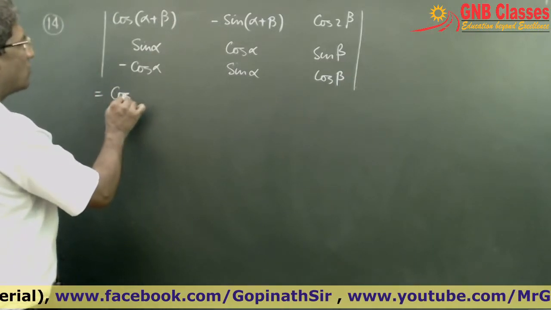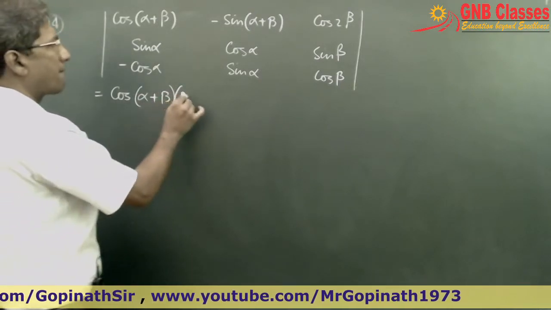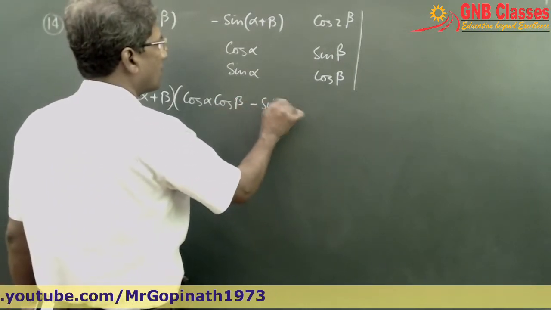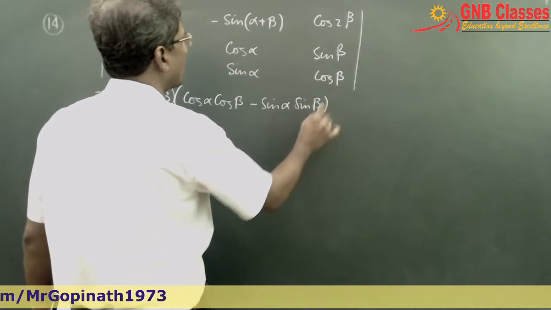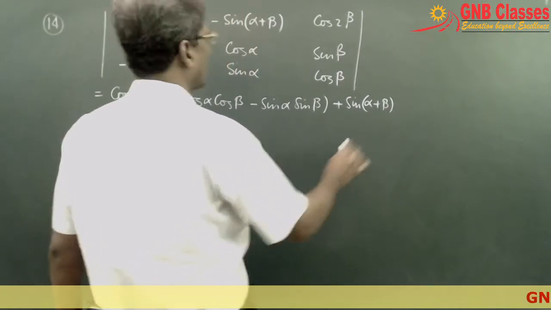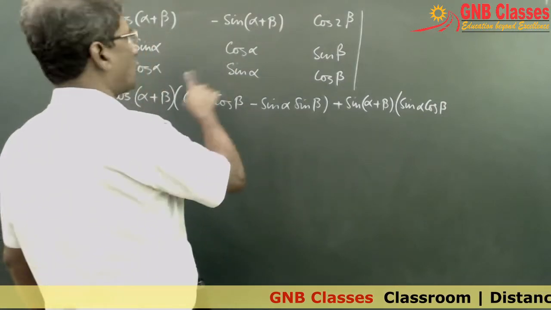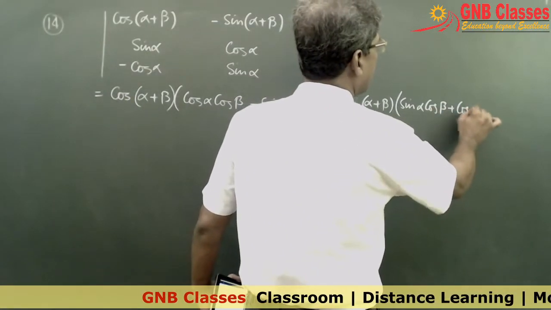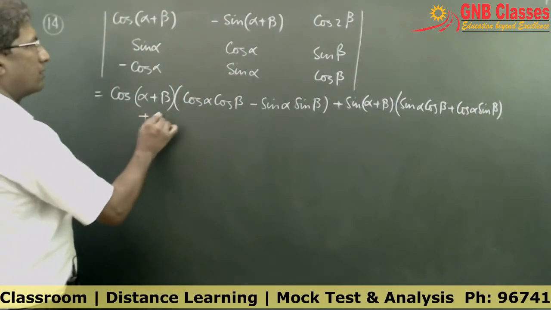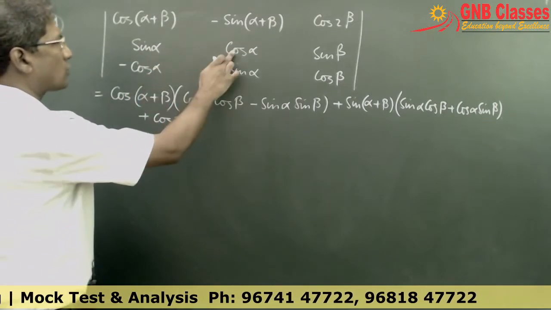What we are going to get with respect to the first row, I am expanding. So we are getting sin alpha cos beta plus cos alpha sin beta, plus cos 2 beta, sin square alpha plus cos square alpha, which will give you 1.